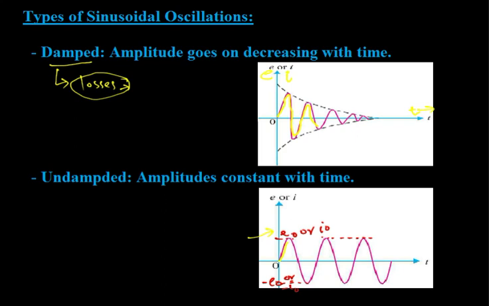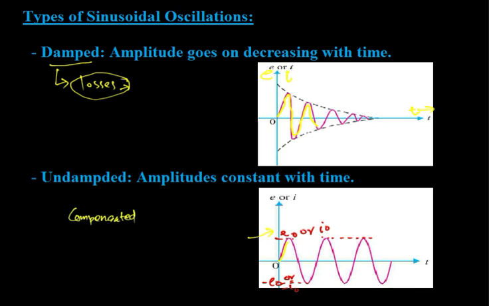But remember, since the amplitude is constant, don't misunderstand that there are no losses in the circuit. There are losses in the circuit, but these losses are compensated by some energy provided from external sources or the circuit itself.